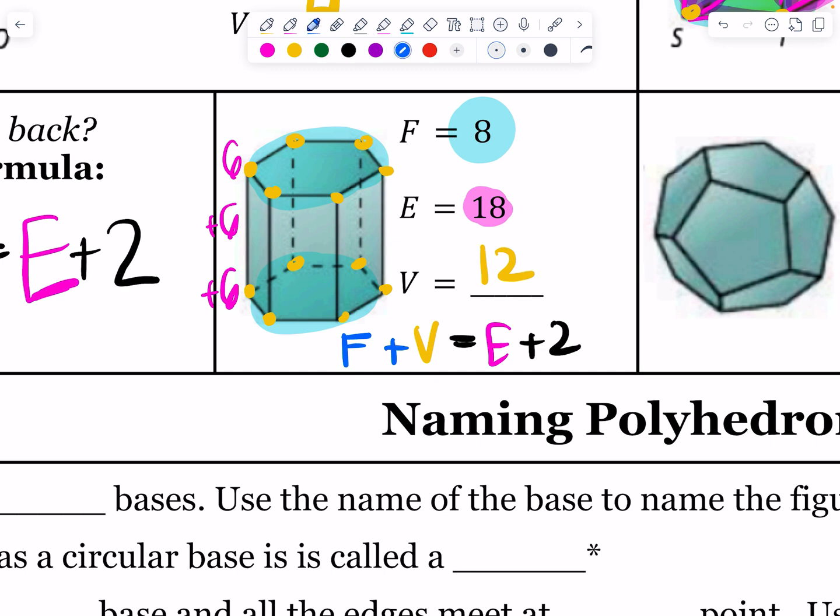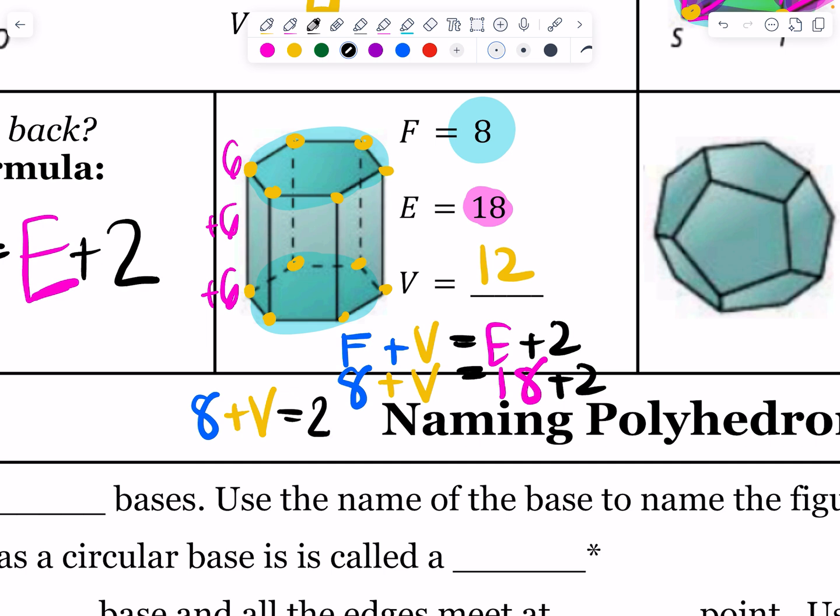F plus V, faces would be 8 plus V equals E, edges, which we know is going to be 18, we've already counted it, plus 2. Well, what is 8 plus V? We leave that as 8 plus V. 8 plus V is going to be equal to 20.